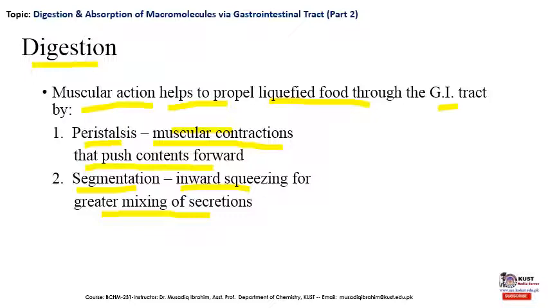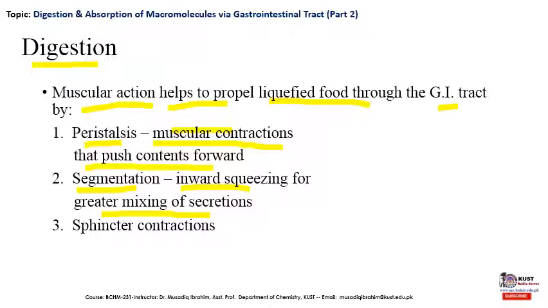As we know, within the small intestine the gastric glands are secreting gastric juices, and the squeezing taking place within the small intestine is happening because of the segmentation process. The benefit of this segmentation is that proper mixing between the partially digested food and the gastric secretions takes place.